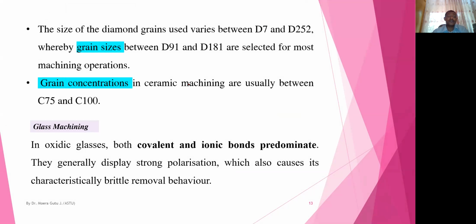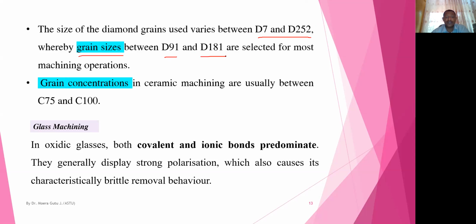The size of the diamond grinding wheels varies between D7 up to D252. This is the standard for diamond grinding wheels. So when you purchase diamond grinding wheels, the standards vary between this range, D7 up to D252, whereby the grain size is also between D91 up to D181.